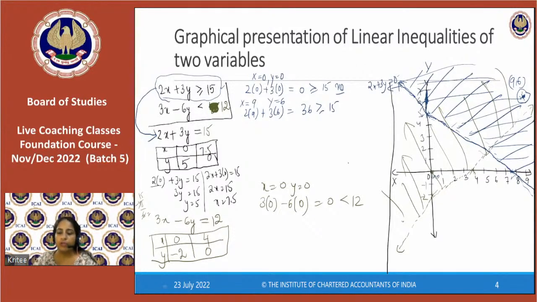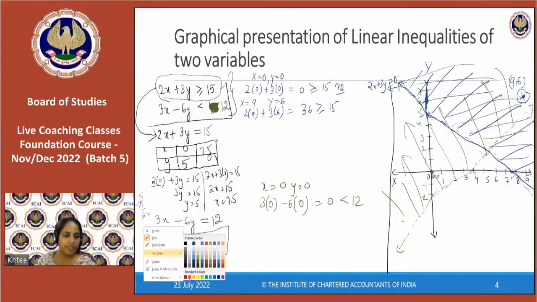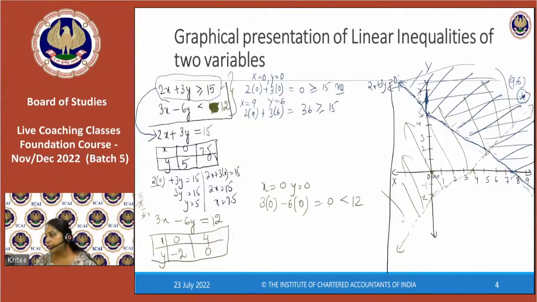Good, very good, great. But my question says, I want satisfaction of both the conditions. As in, my answer should be such that the first and the second, both conditions are satisfied. So which area is satisfying both the conditions? That means something which is satisfying the condition of this line and also the condition of that line.